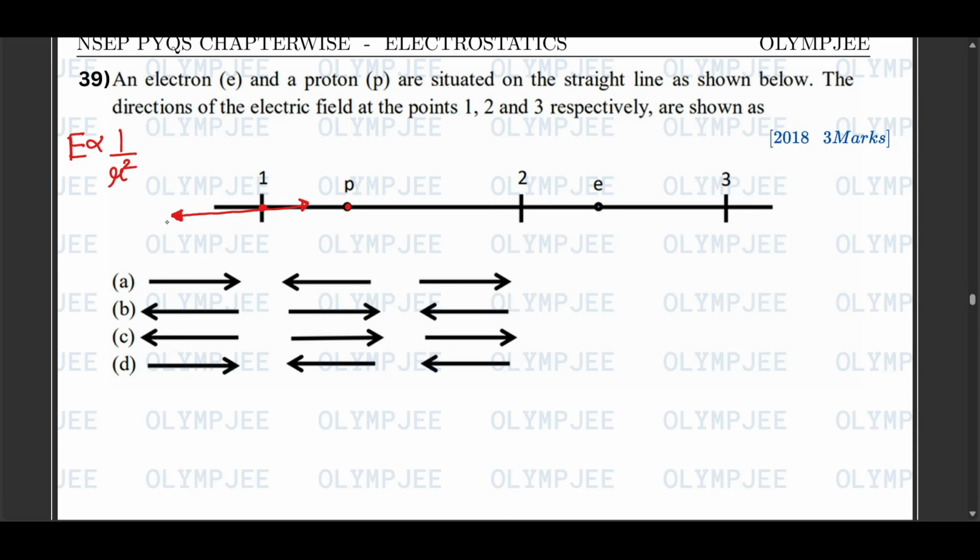So it will be in this direction. So A and D are wrong. And we can check on the third point because it is different in B and C. So the attractive force will be greater because this distance is lesser than this distance. So it will be in this direction. So B is correct.